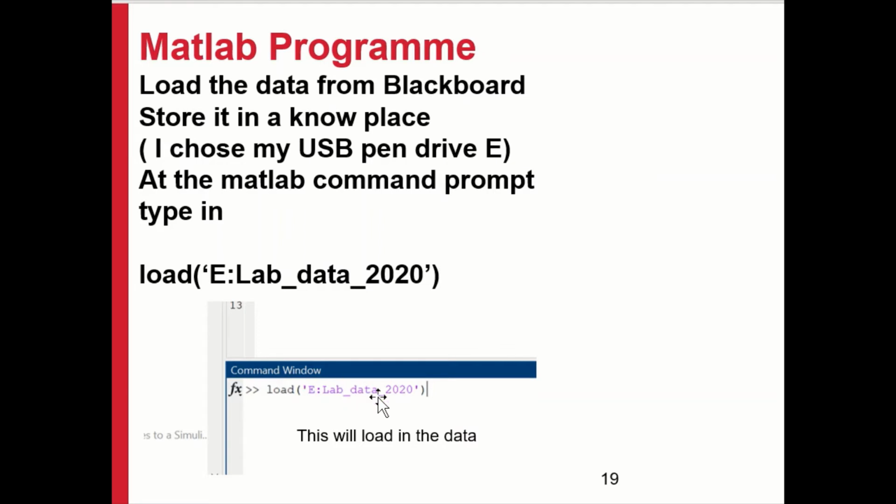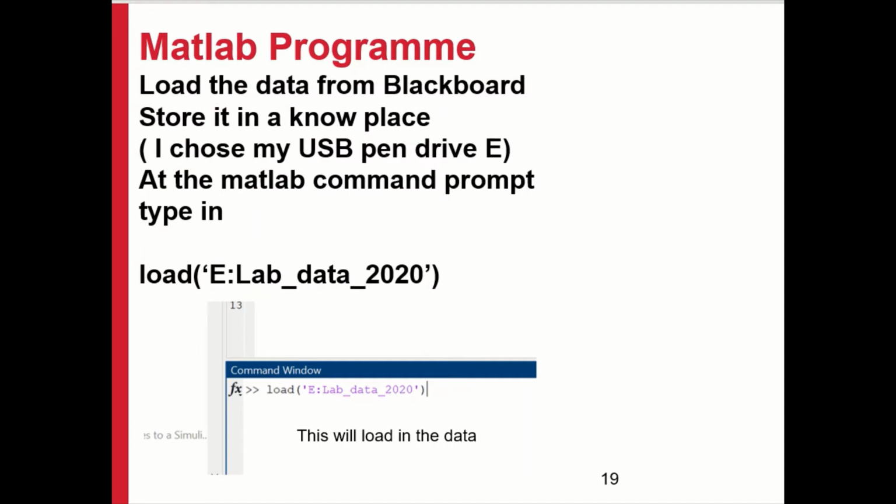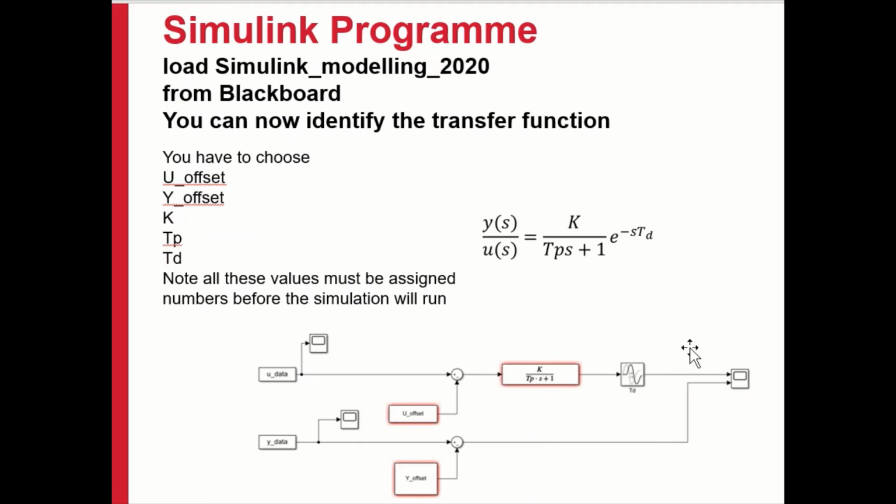Just type in that. You're just going to change that letter if you've got a USB pen, whatever letter is given to your pen drive, and that will have the effect of loading the data from the real-time test into MATLAB.